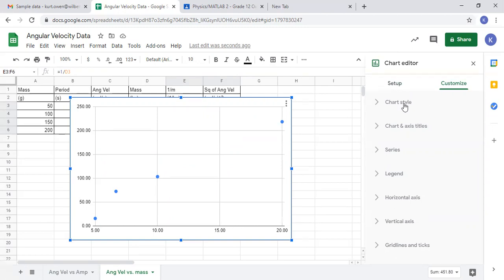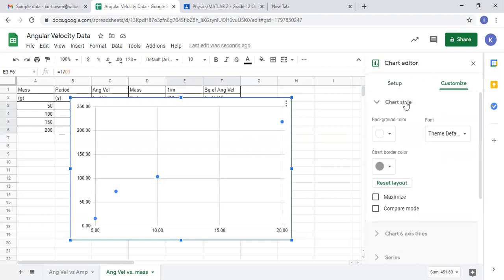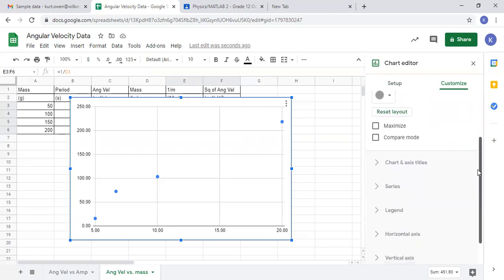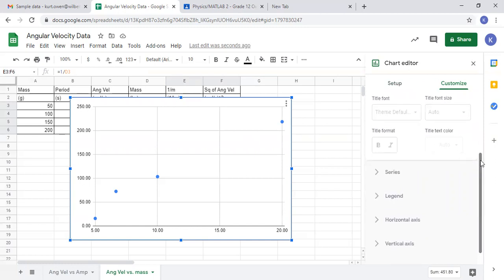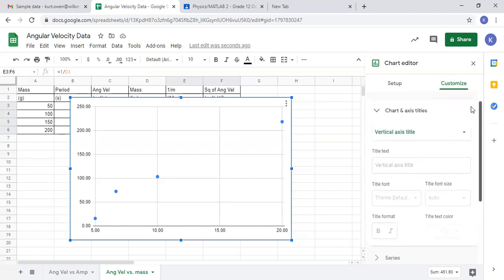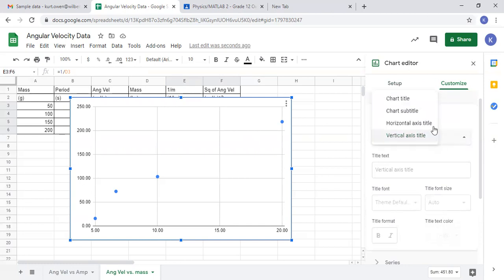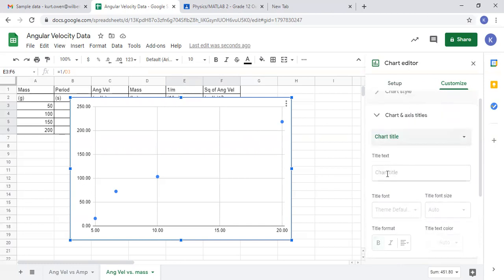So when I look at this chart title and axis, oh, chart style, let's go there. I'm fine with everything about the style. Just work your way down. We need a title. Right now it's on vertical axis. Let's go back to chart title.